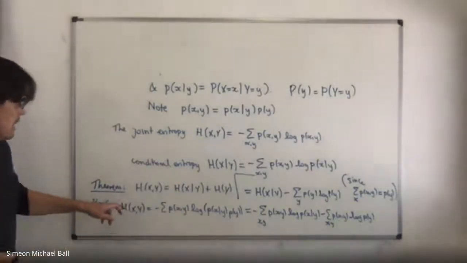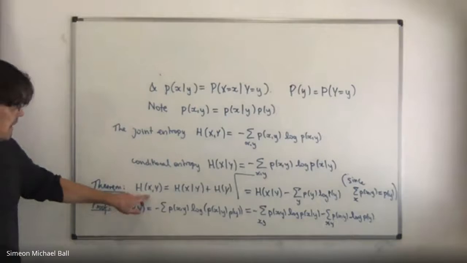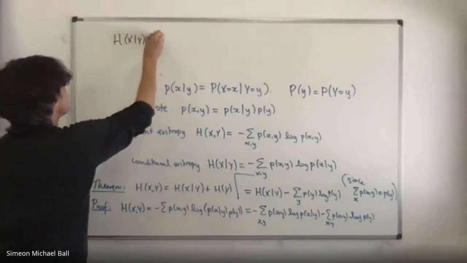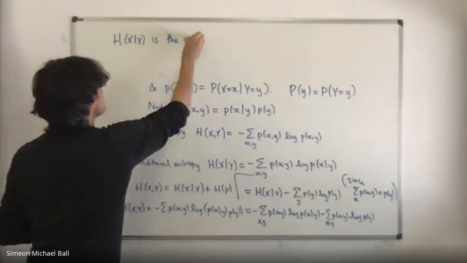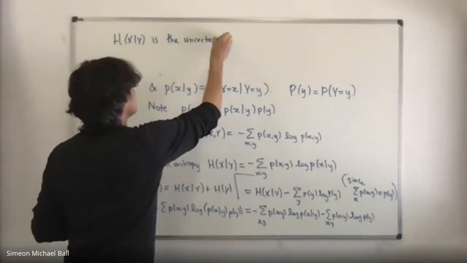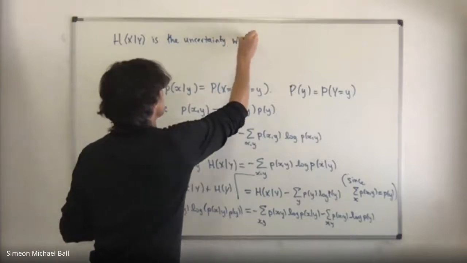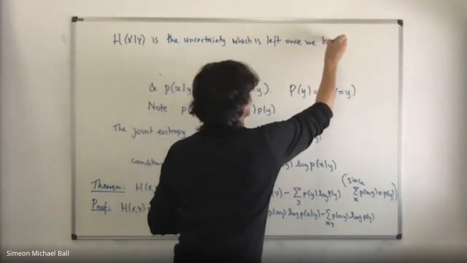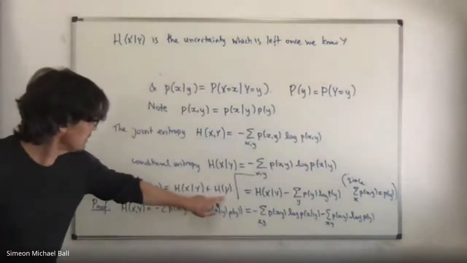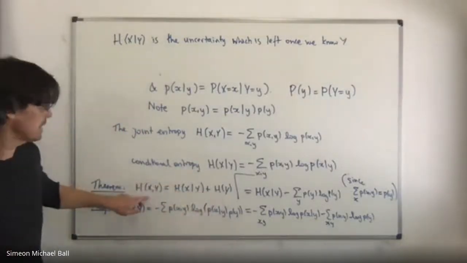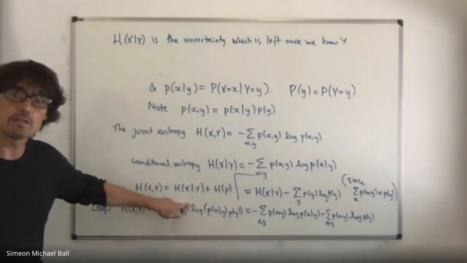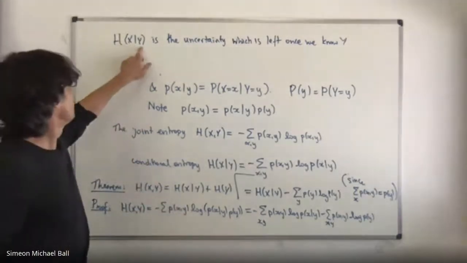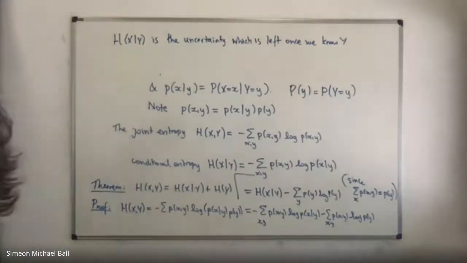So you could think of the same thing here and say, what this is saying is that the entropy H(X,Y) is like the uncertainty which is left once we know Y. So you learn everything that's about Y, and you take away from that, and what you get left with is the entropy of X, knowing Y.